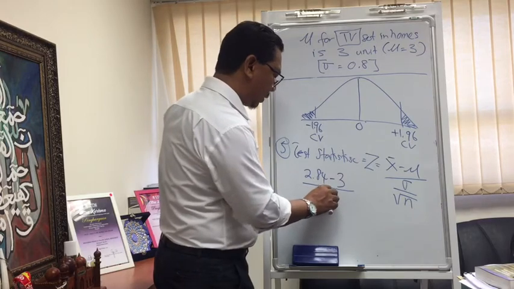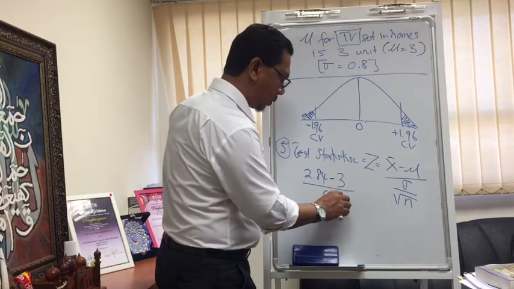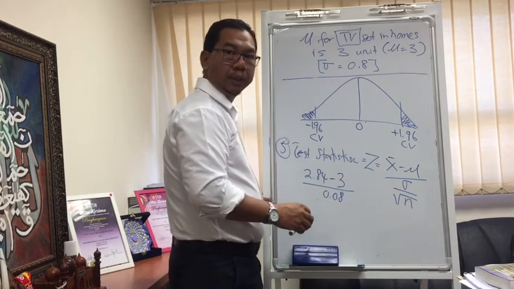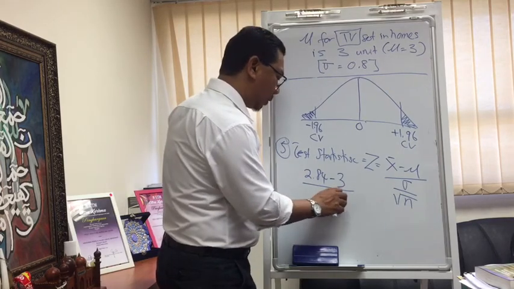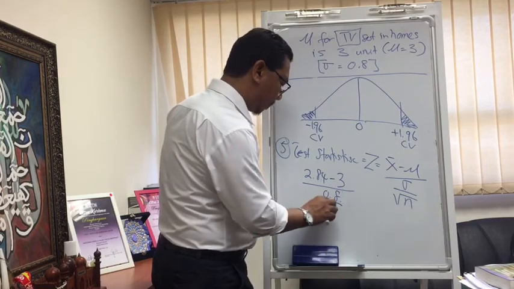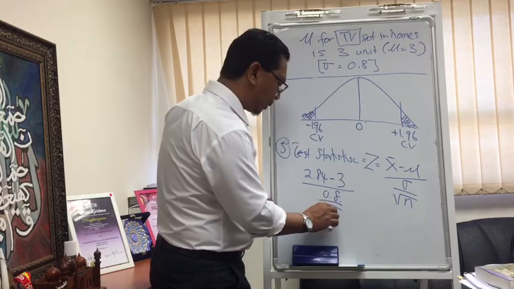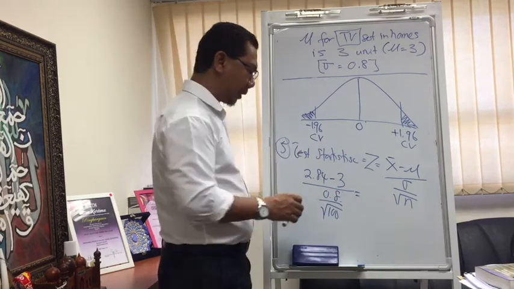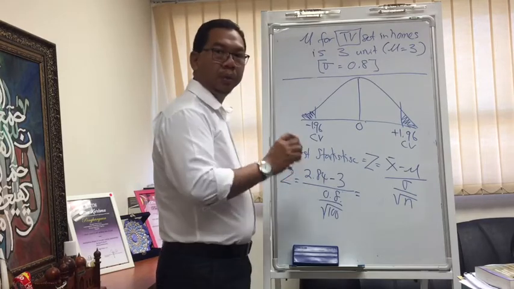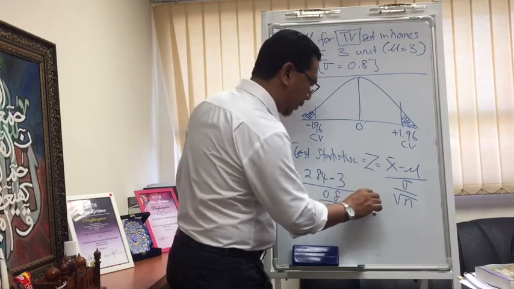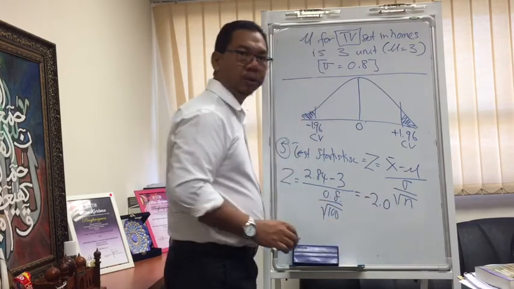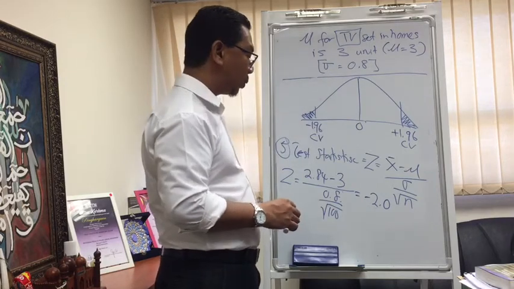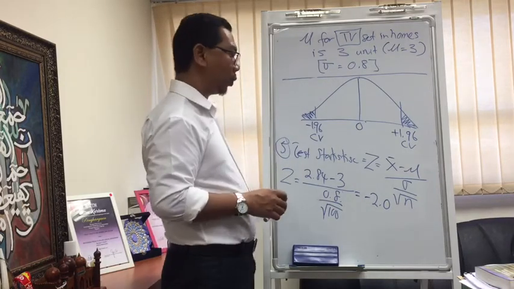The sigma is 0.8, and n is 100. So the test statistic Z value we get is negative 2.0.